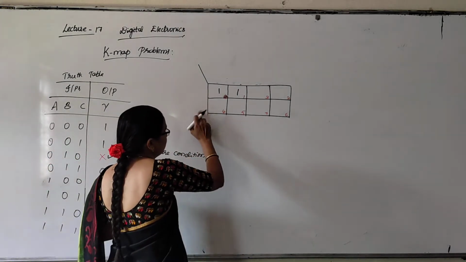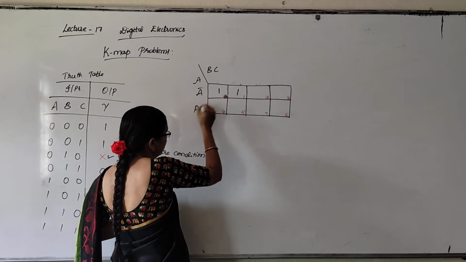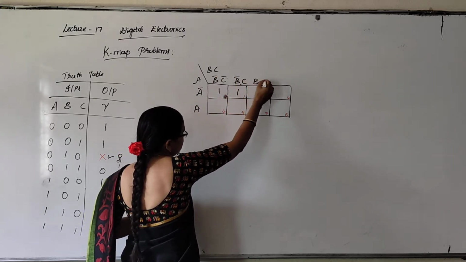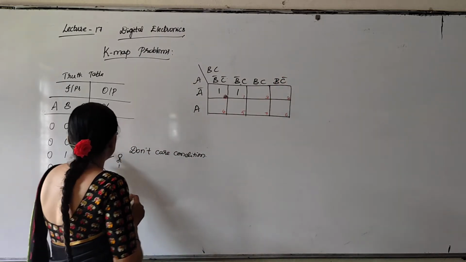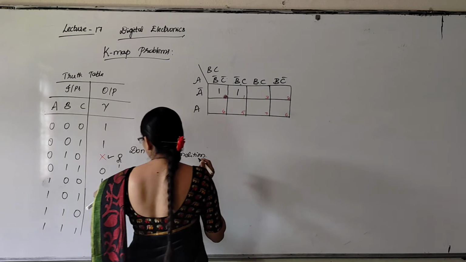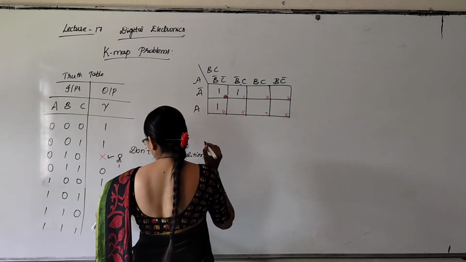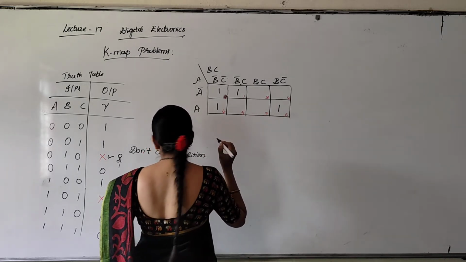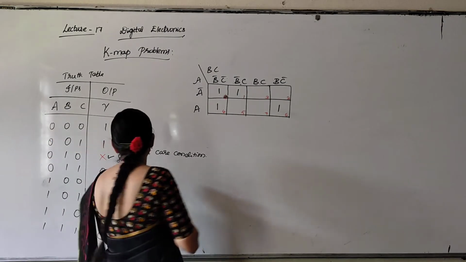Inside markings are A and BC: A bar, B bar C bar, B bar C, B C and B C bar. 0 is 1, 1 is 1, 4 is 1, 5 and 6 is 1, 7 is 0. Okay. What about don't care conditions?